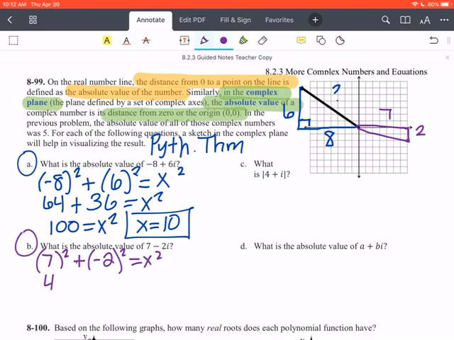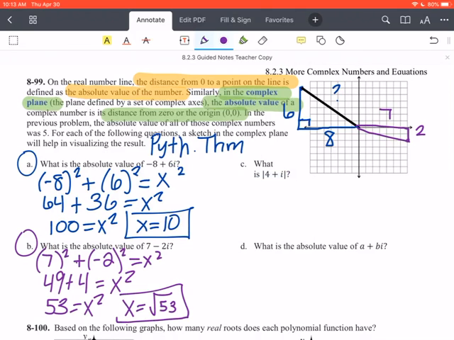So we have 49 plus 4 equals x squared. So what are we looking at? 53 equals x squared. And when we square root both sides, we get the absolute value of the complex number 7 minus 2i is the square root of 53.